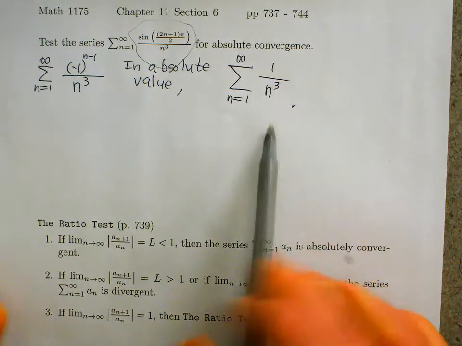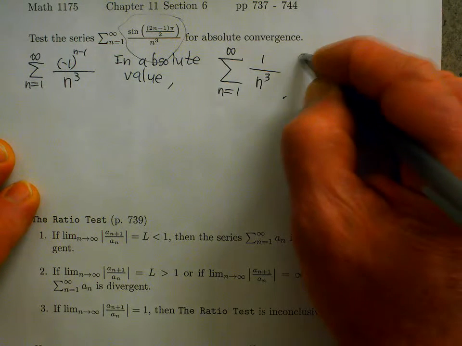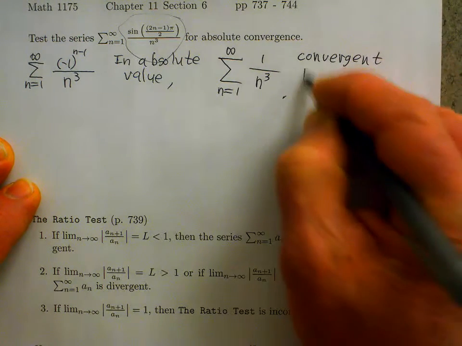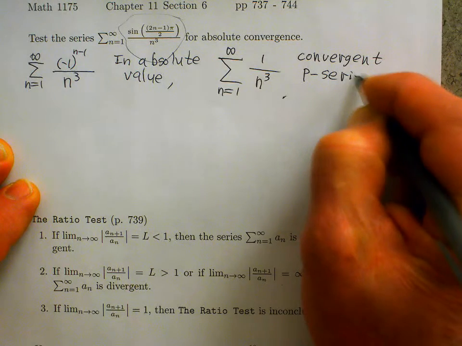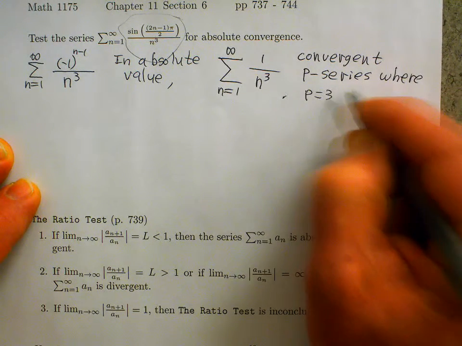So what do we know about this infinite series where the terms are 1 over n to the third as n ranges from 1 to infinity? It's a p-series. The value of p is 3, and 3 is greater than 1, so it's convergent. Yeah, so this is a convergent p-series where p is equal to 3, which is greater than 1.